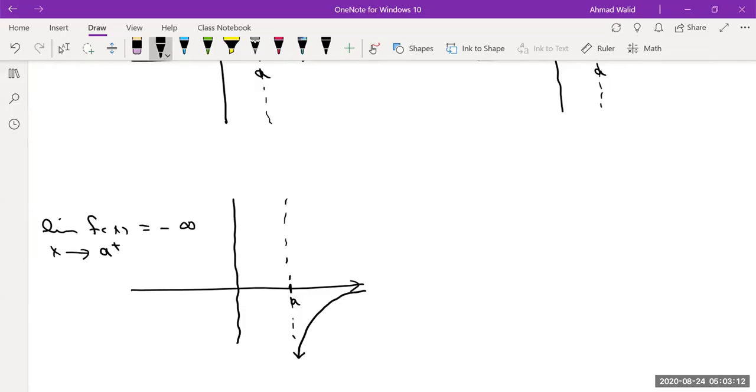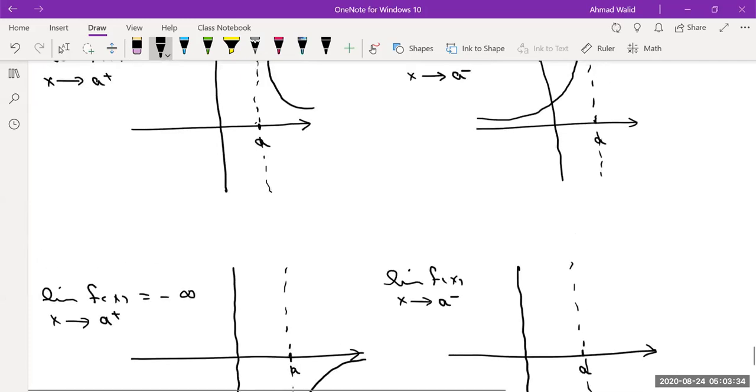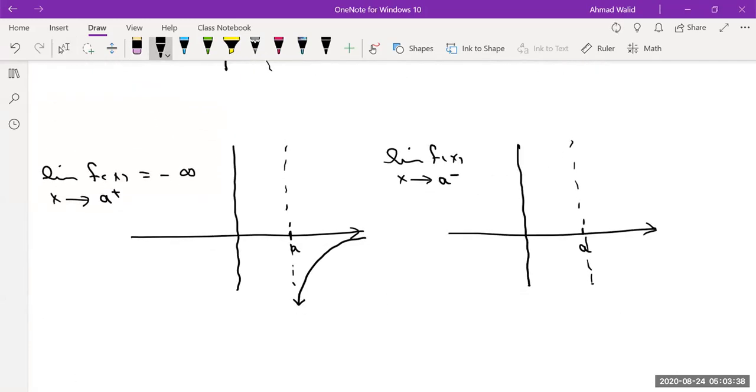You saw all of these graphs in algebra. And case number 4, the limit of f of x as x approaches a from the left, it can go also to negative infinity.